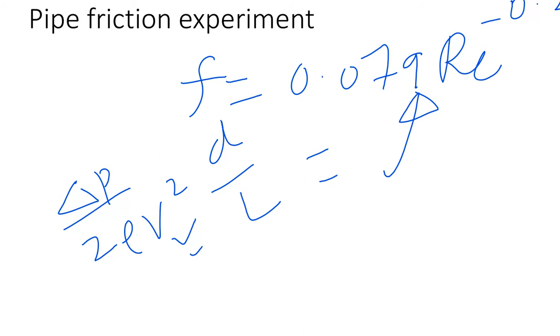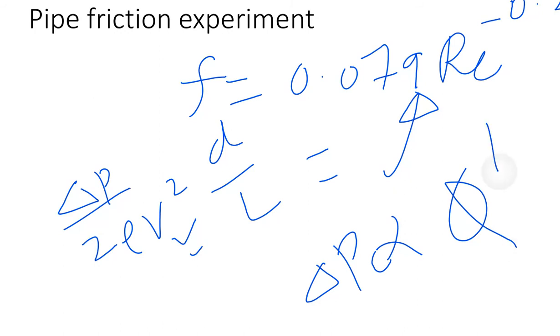Okay, so you will see that delta P is proportional to Q to the power of something like 1.75. So it's approximately 2. So in the turbulent region, when we increase the flow rate, friction increases too much, so it becomes like a square.